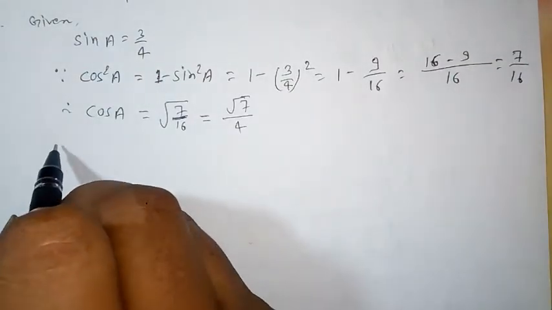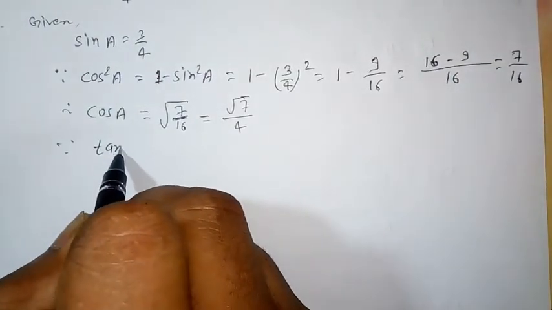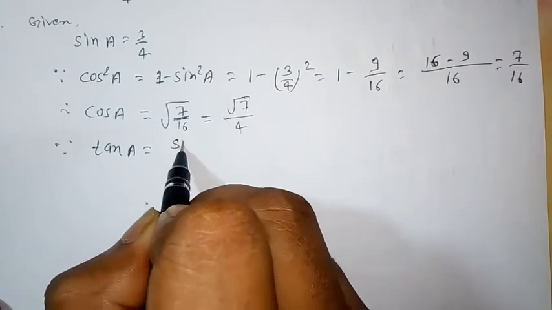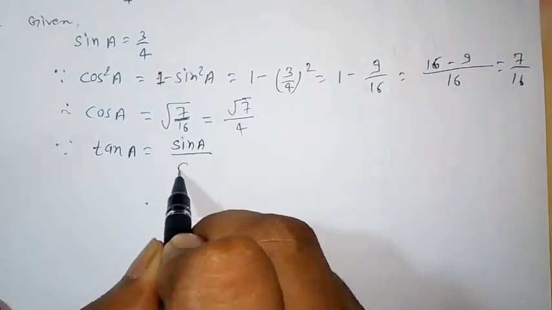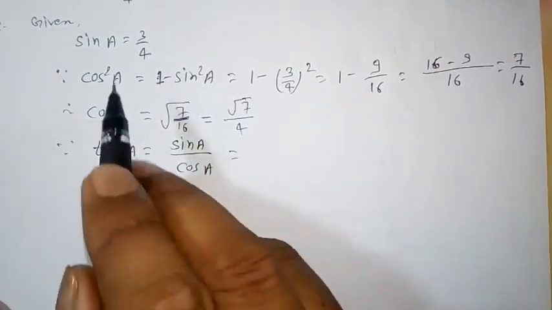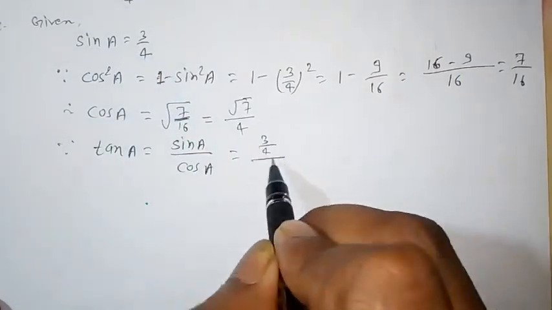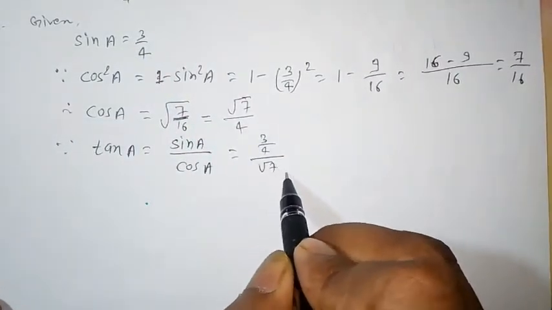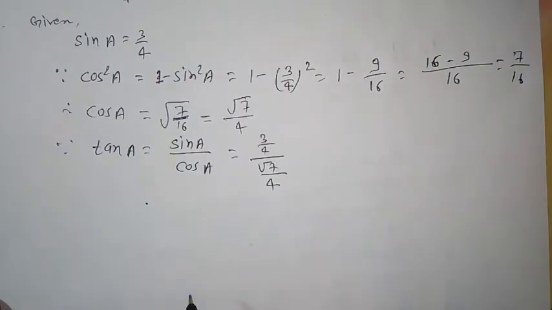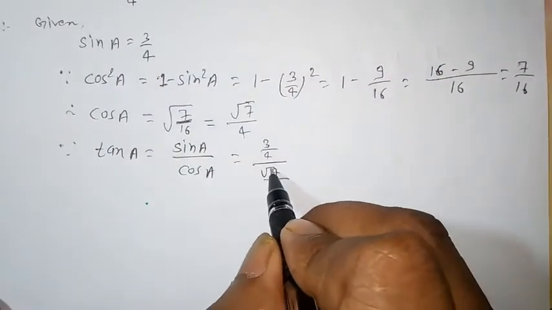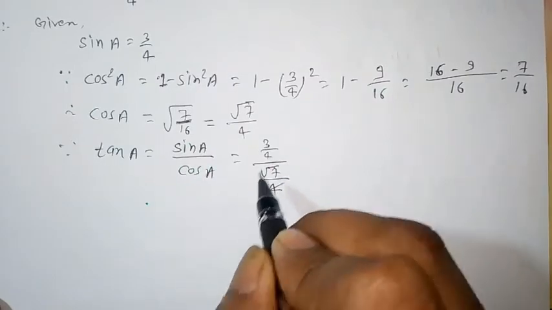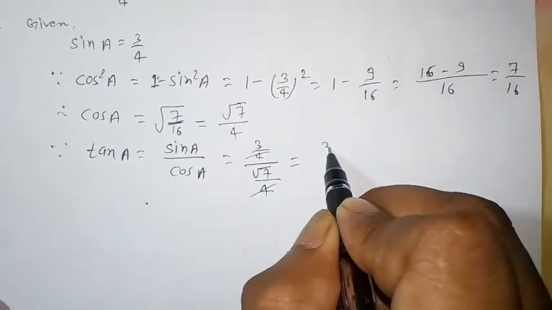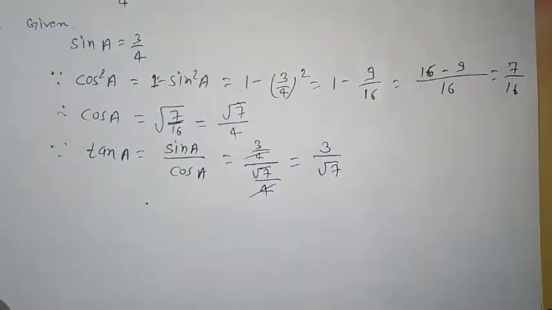Again, tan A is equal to sin A by cos A. Sin A is equal to 3 by 4 and cos A is equal to root under 7 by 4. Now the 4 and 4 are also divided, so we are getting 3 by root under 7.